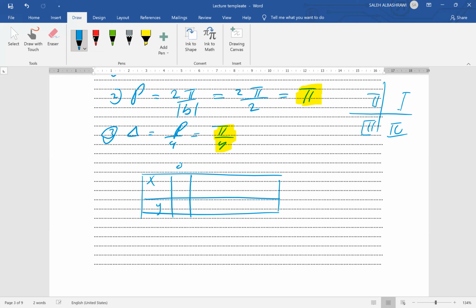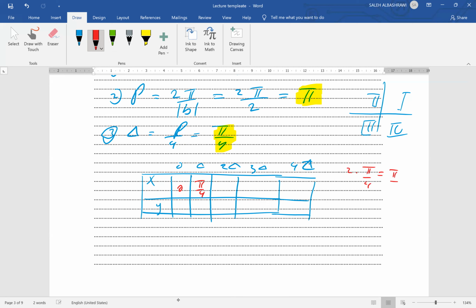Start with 0. Then I have 1 delta. Then 2 times delta. Then 3 delta. And one more, that will be 4 delta. The first one, 0. 1 delta means pi over 4. 2 delta is 2 times pi over 4.